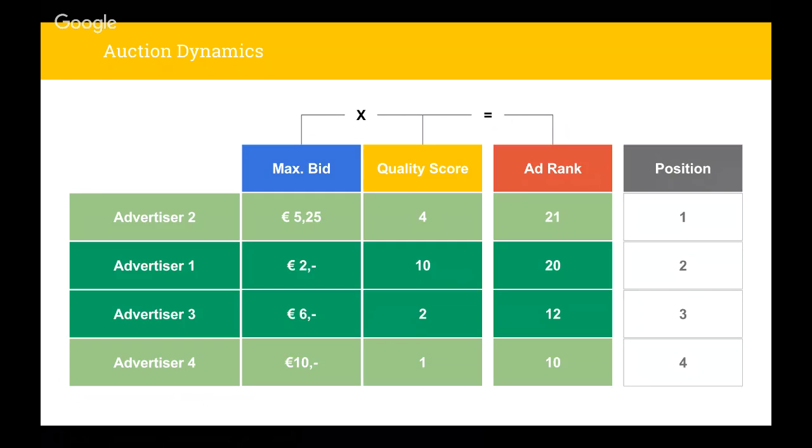Now, your quality score is going to be a bit low because you're not as relevant because people were looking for the other brand. So you're a bit relevant because you're offering a similar product, but you're not super relevant because you're looking for something different. So there can be a strategic decision to still take the number 1 spot to compete with your competitor in that sense. So there's still a way to get into number 1.